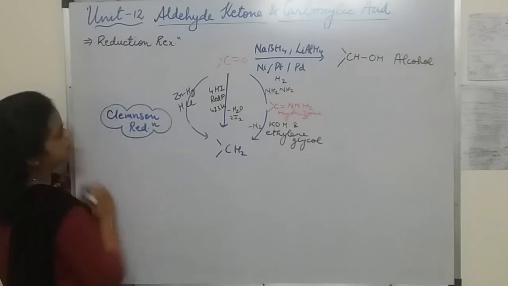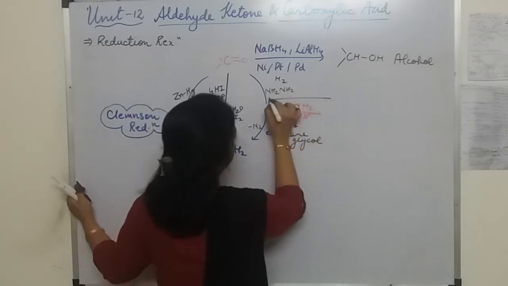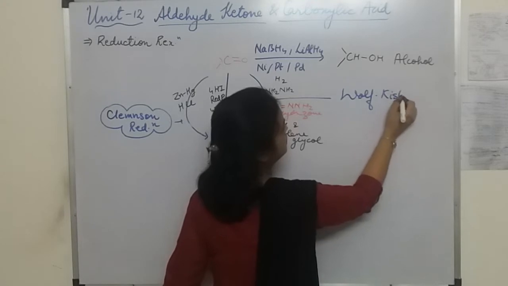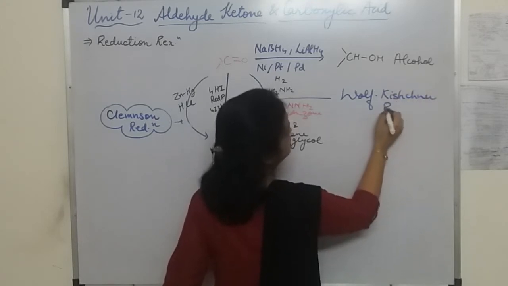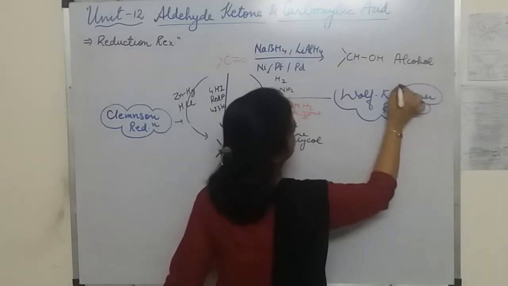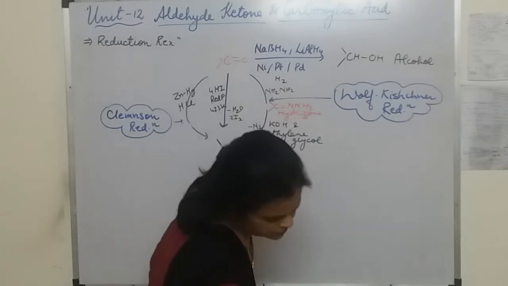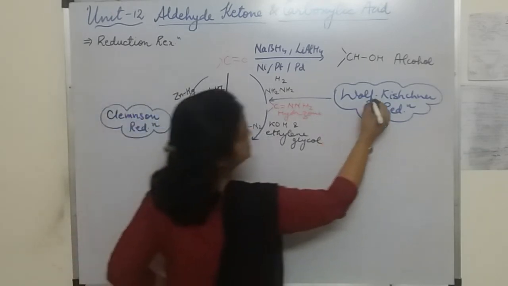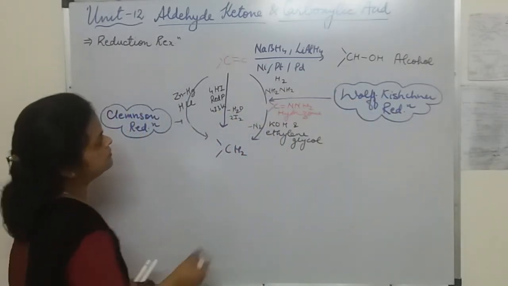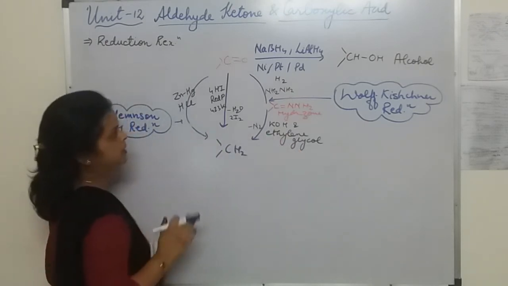A very important name reaction, Clemmensen reduction, and this is also a name reaction, that is Wolff-Kishner reduction. Okay, so the Wolff-Kishner reduction, here it is double F. Please make it double F. When we are making the reduction with the help of hydrazine, KOH and ethylene glycol. Okay, so these are the two named reactions.